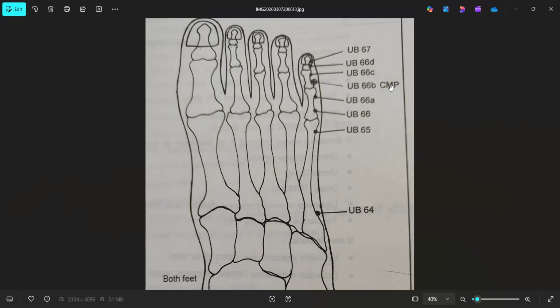That is the site for ulcers, etc. The same membrane is covering the uterus, ovaries, fallopian tubes, and the rectum, etc. And in males, this is 66A.